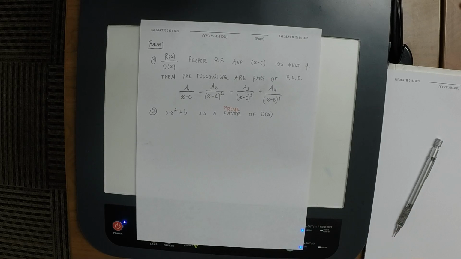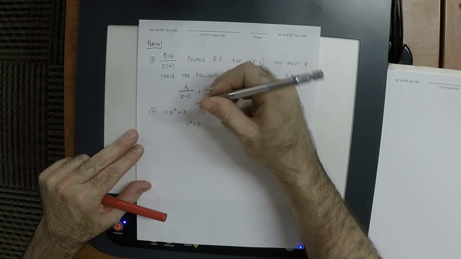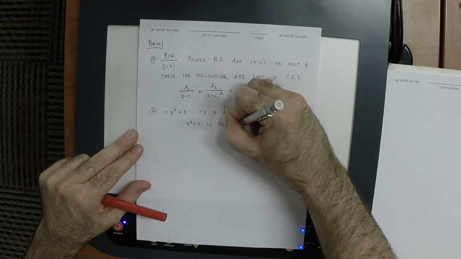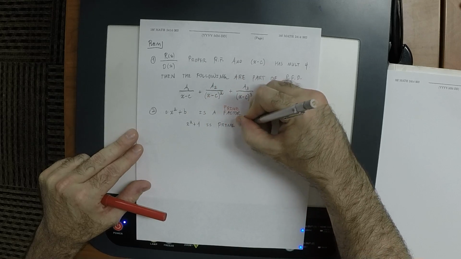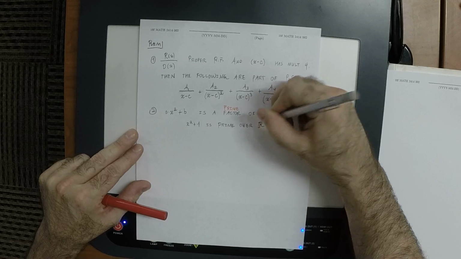Just 1 and 7, right? So in the same kind of way, polynomials can be factored, and some of the factors are prime. An example would be something like x squared plus 1. So x squared plus 1 is prime, and the best way to say it would be something like prime over the reals.